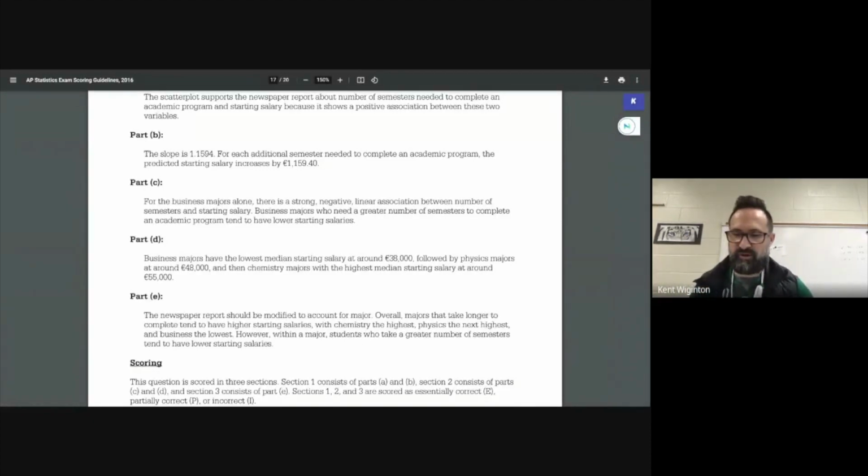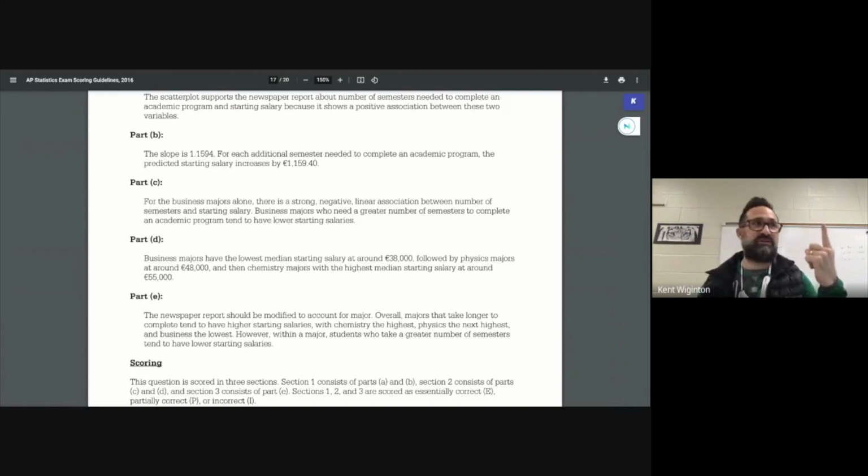Now, the first part says, based on the sample, describe the association between starting salary and the number of semesters for the business majors. What would you say? Okay. For the business majors, there's a strong, linear, negative association between the number of semesters and starting salary.